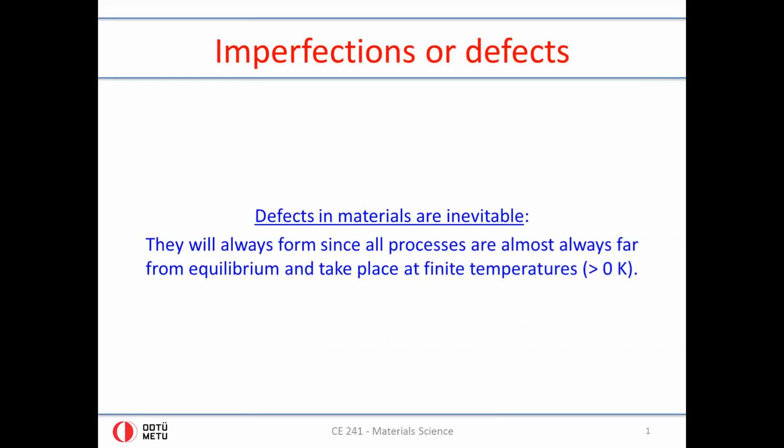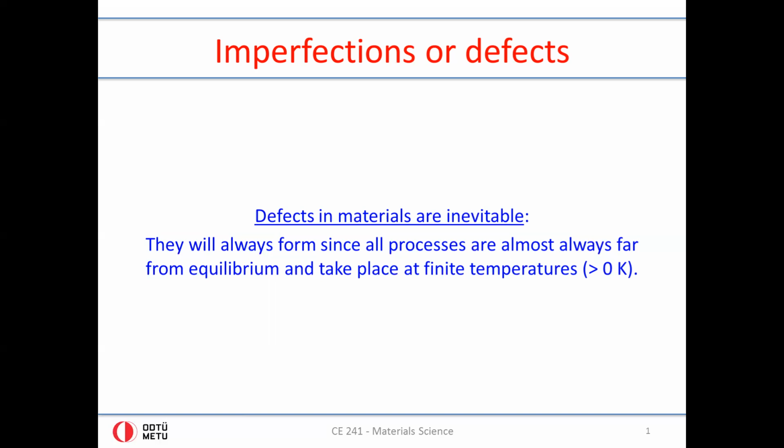Imperfections or defects in materials, crystalline or otherwise actually, are inevitable, in that no material that is large enough is defect free or atomically perfect, in the sense that it has the elemental purity that one believes it to have.